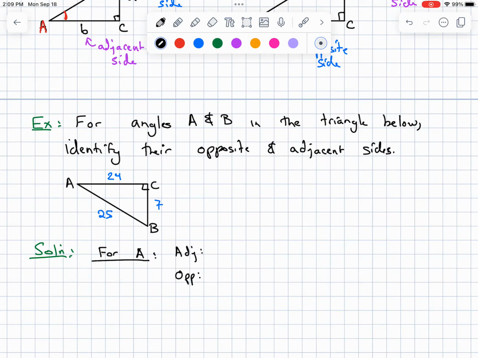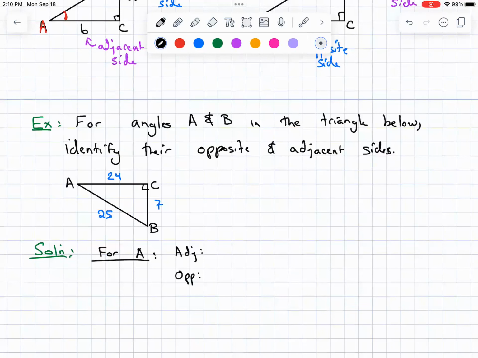I'm going to use ADJ to mean adjacent and OPP to mean opposite. In my experience, finding the opposite side is more natural, and then you can use the process of elimination to find the adjacent. As you do this more and more, you can find it immediately. But if you're struggling at first, find the opposite, and the adjacent will be whatever's left.